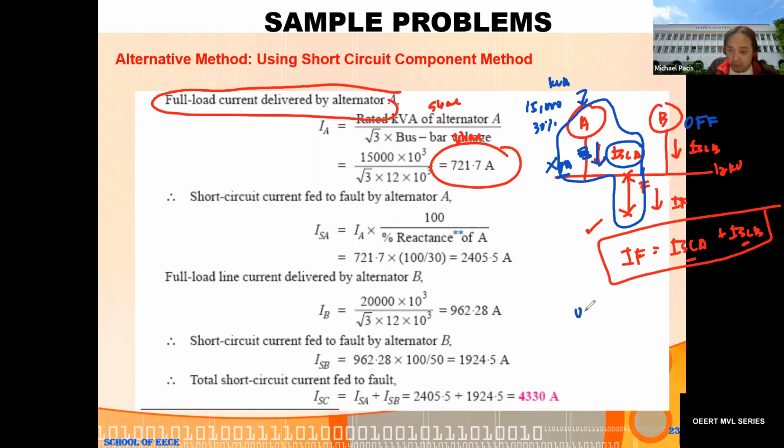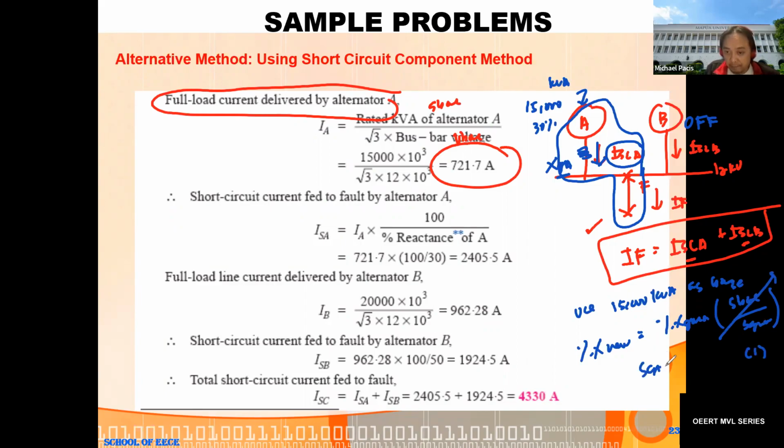If I use 15,000 kVA as base, having B as off, ang lalabas, di ba, this is the formula for percentage reactance. Please take note, this is a little bit of a common sense method.